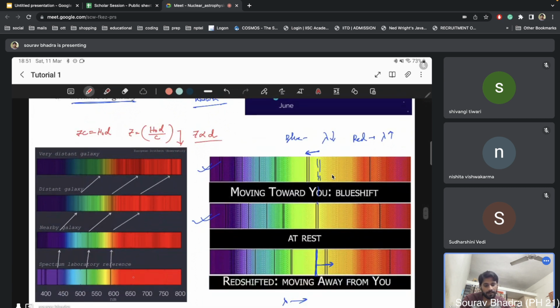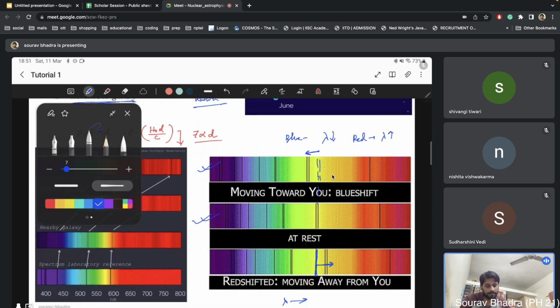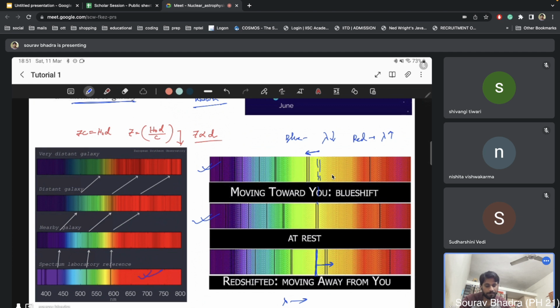It shows the basic spectra, I mean the rest frame spectra. If D is small, for a nearby galaxy, the shift is very little. You can see that this blue line has shifted to this blue line, and the shifting is very little.